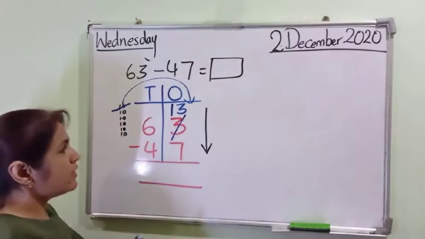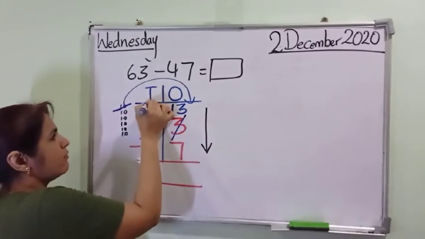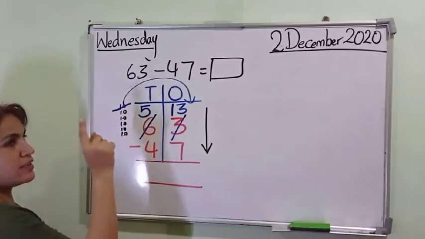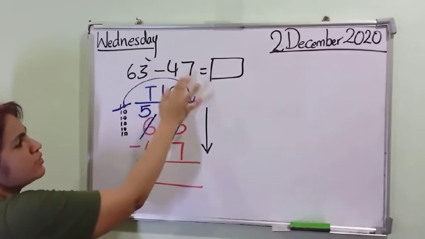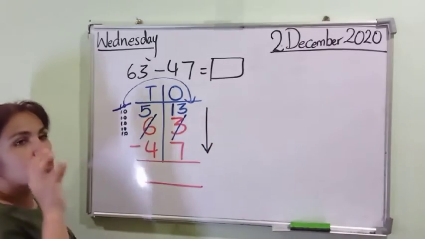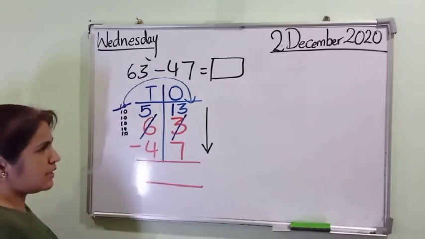There are 5 tens left. So you will strike the 6 and make it 5. Why? What happened? Where is the 6th 10? The 6th 10 has been shifted to ones place to make this smaller number a bigger number. So 10 plus 3 is 13.